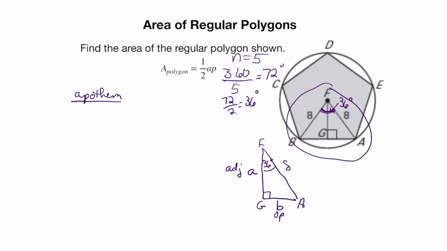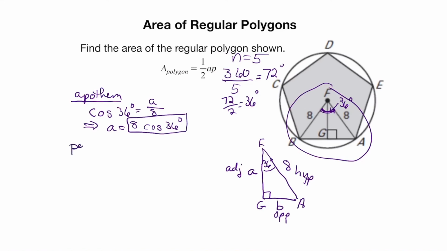This will be the opposite, and there's my hypotenuse. I want the adjacent, I know the hypotenuse, so that's cosine. Cosine of 36 degrees equals A over 8, which means A is 8 times the cosine of 36 degrees, and that's my apothem.